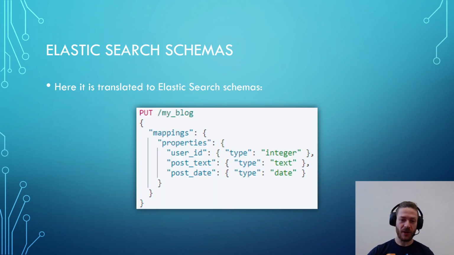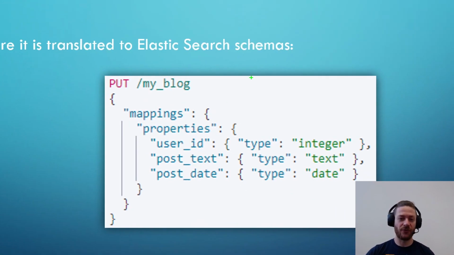Here is the same thing translated to the Elasticsearch language for version 7 of Elasticsearch. So instead of create database, we just say I want to put on Elasticsearch my blog index. For my blog index, I want to have these mappings and these properties.